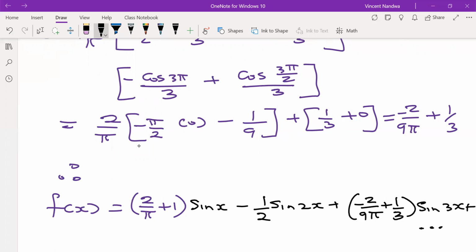So that is the Fourier sine series of that given problem.